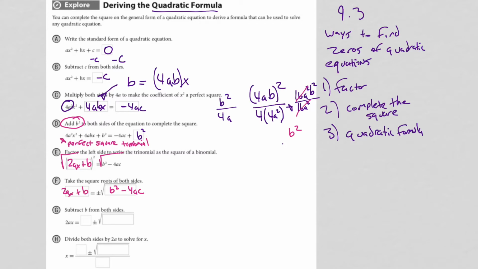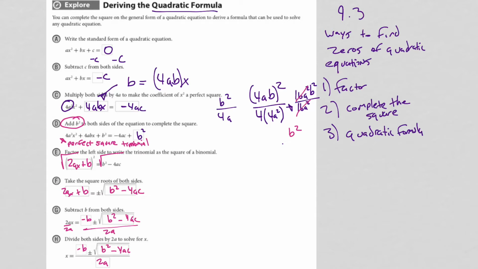And then we have to subtract b from both sides. And you can kind of see the quadratic formula starting to take shape. And then the last thing we have to do is divide by 2a. So you get negative b plus or minus the square root of b squared minus 4ac, all divided by 2a.